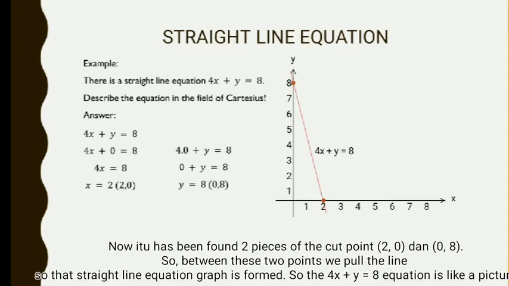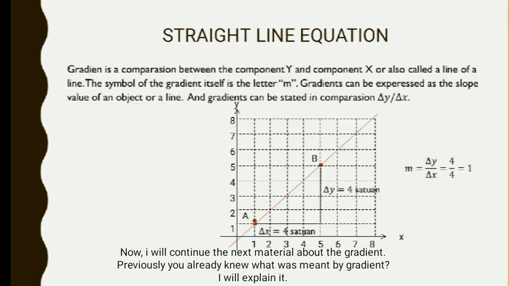Now two cut points have been found, 8, 0 and 0, 8. So between these 2 points, we draw the line so that the straight line equation graph is formed. So the x plus y equals 8 equation is like the following picture.